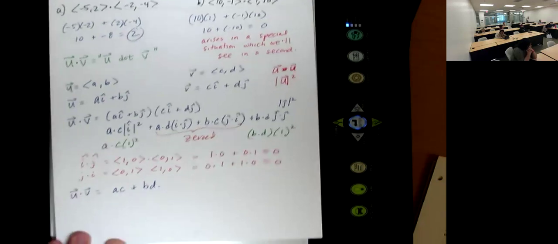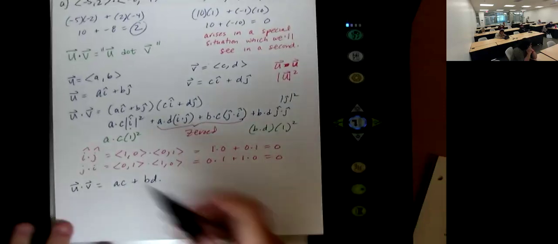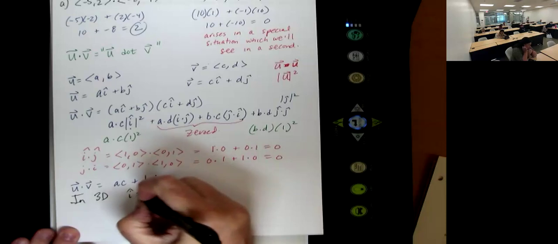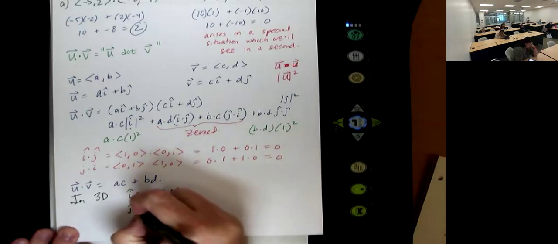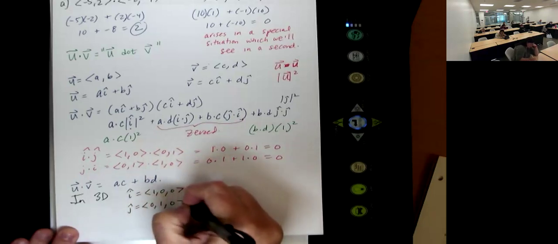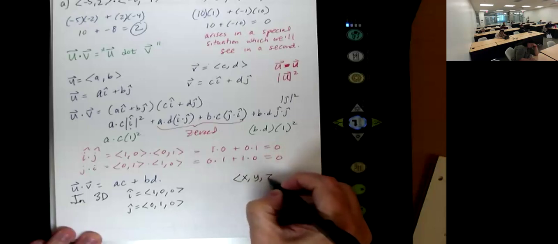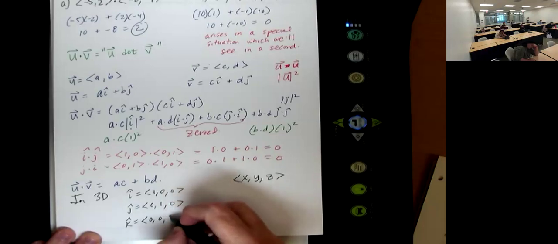Alright, so Davis was asking about 3 dimensions. In 3D, i hat is (1, 0, 0). j hat is (0, 1, 0). And this is like the XYZ coordinate system. k hat is (0, 0, 1).